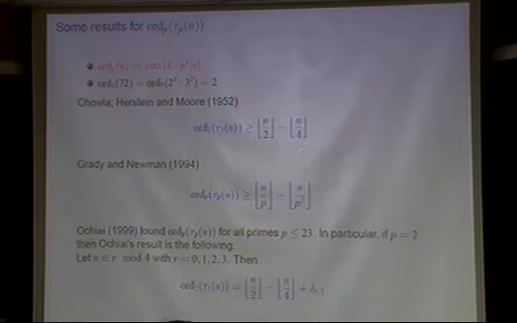In fact, Ochi found the exact value of this for all primes less than or equal to 23. In particular, if p equals 2, then Ochi's result says that the order 2 of this number is this. Here, delta_{r,3} is the Kronecker delta, so it is 1 if r equals 3 and 0 otherwise.